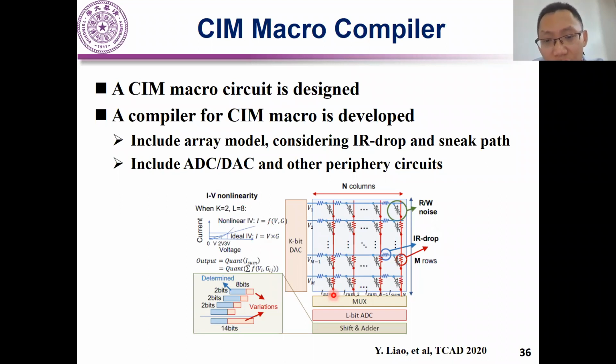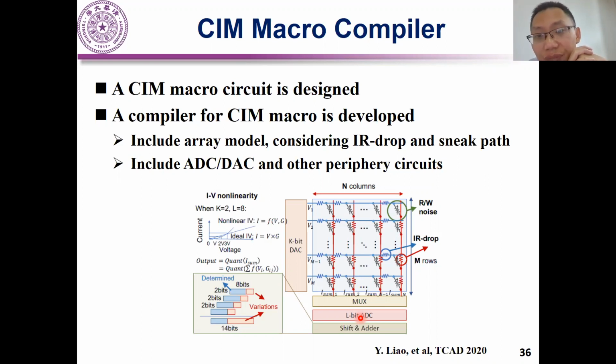So in this case, we introduce the ADC. With the ADC, you get digital data. That is a digital-analog mixed computing, so we can do more on accuracy recovery. So mostly we use the ADC to improve the computing accuracy.